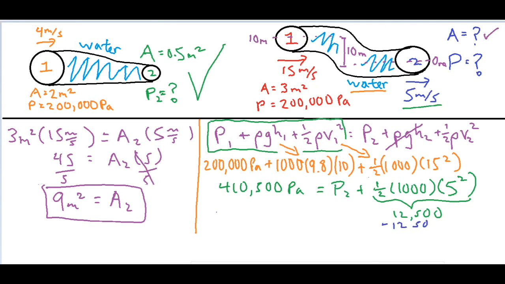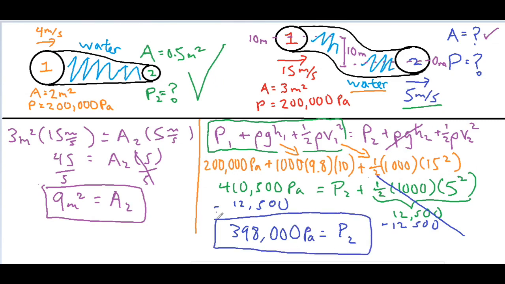We just have to do a little bit of subtraction to cancel this out and get our P2 all by itself, and that will give us 398 thousand pascals for our final P2 pressure.